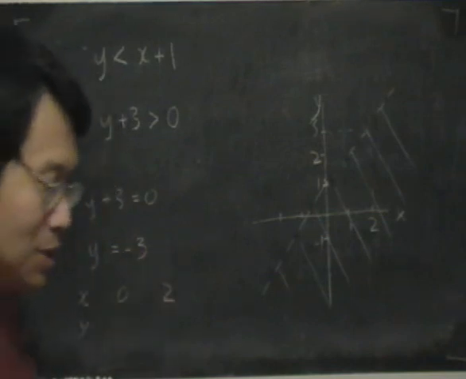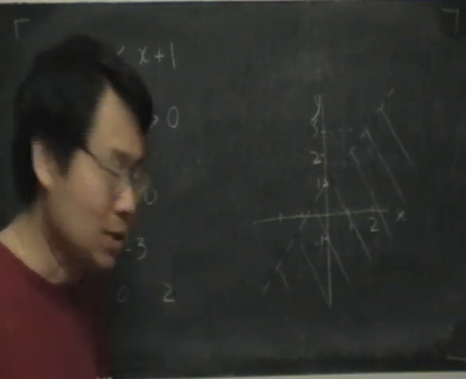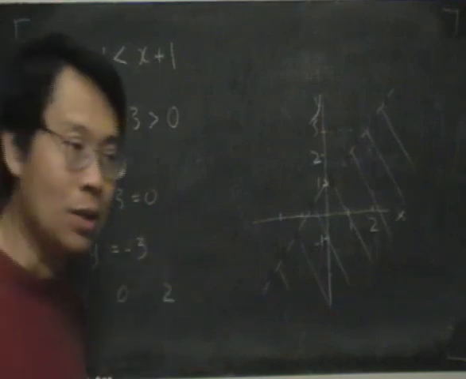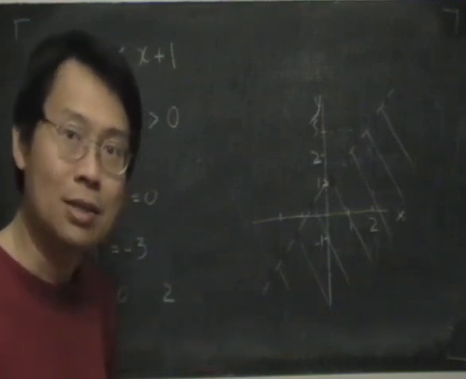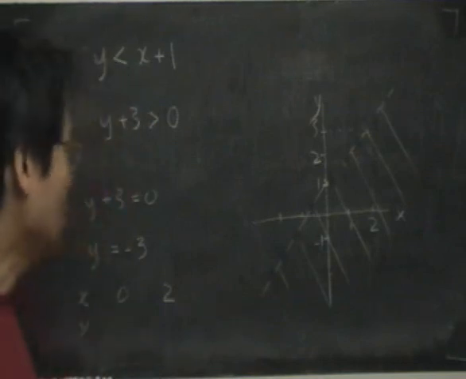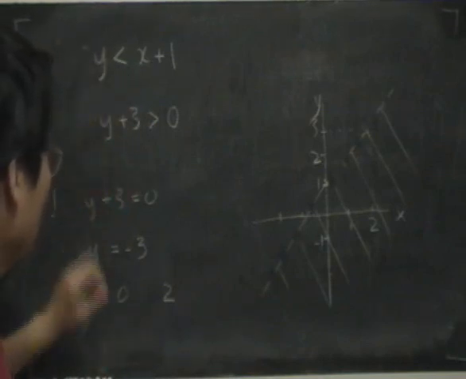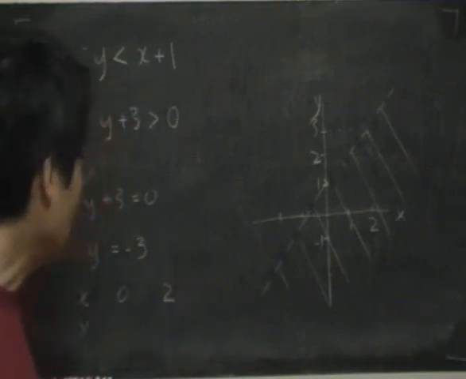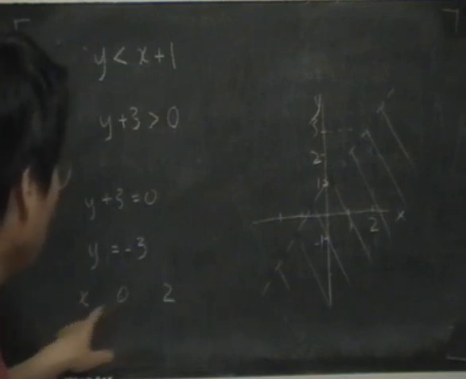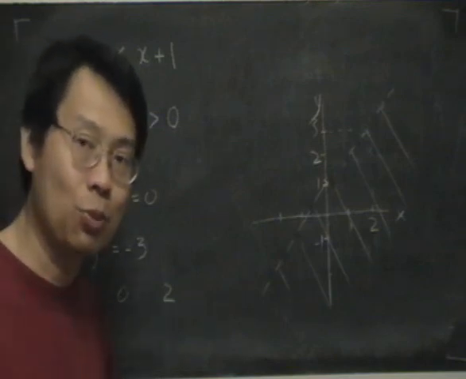Now what that means is that if there is no x in the equation, we don't have to substitute the x. There is nowhere to substitute it. And in fact, the question really is, when x is equal to 0, what is the value of y?